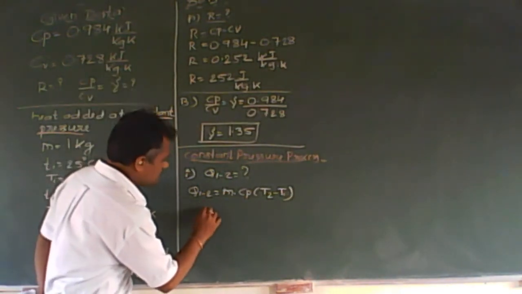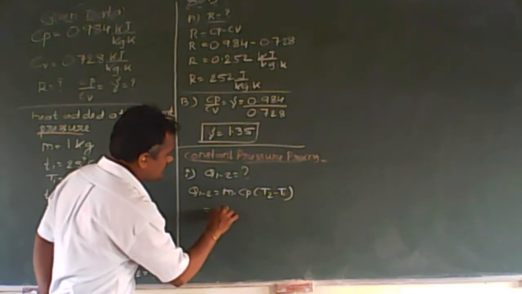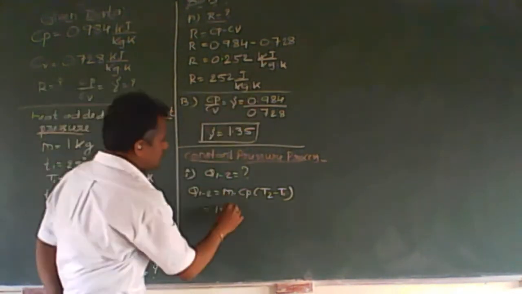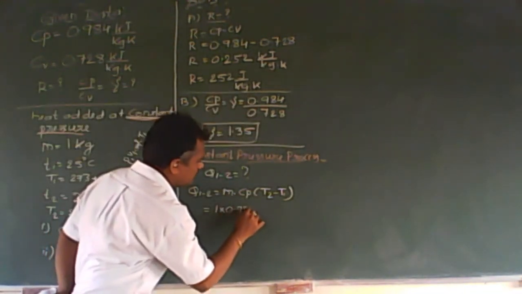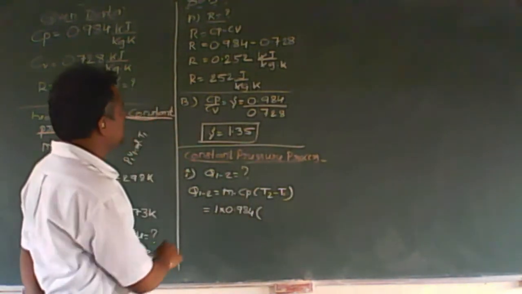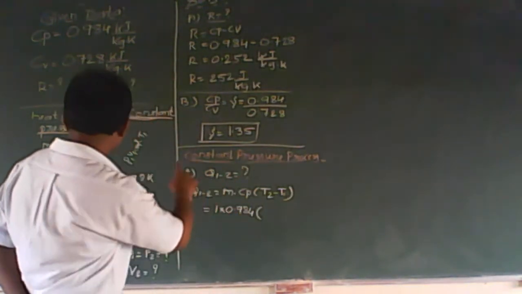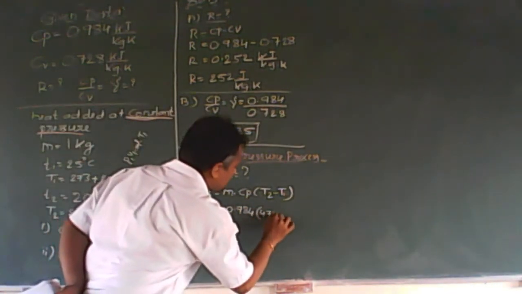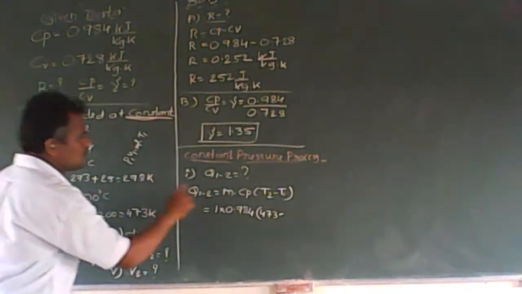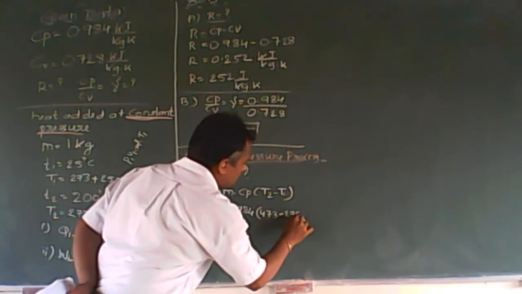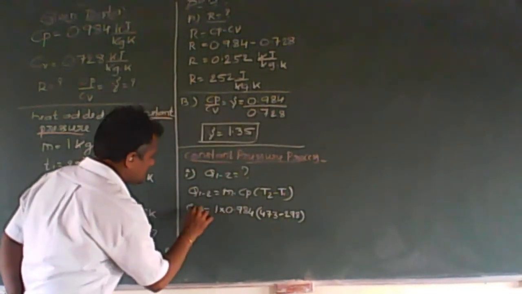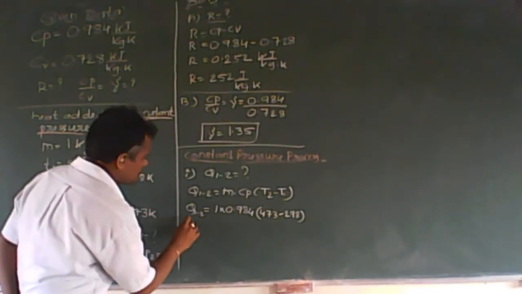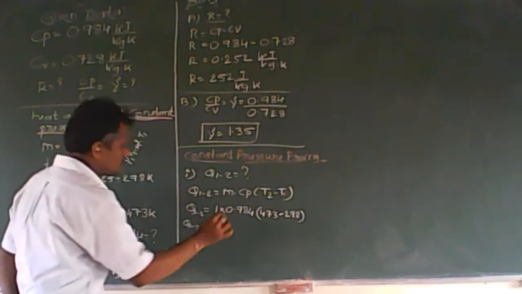Now I will directly substitute the values. Mass m is 1, Cp I can take as 0.984, multiplied by the bracket T2 is 473 minus 298 Kelvin. So that I can get Q12.